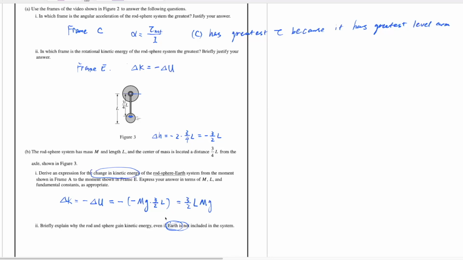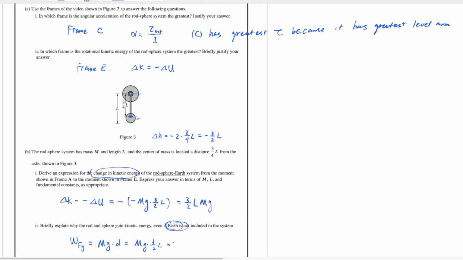So the work done by gravity is related to the change of U, right? But we can also express it using the definition of work. Work done by Fg is going to be Fg, which is mg, times the displacement. So the displacement is this 3/2 L.